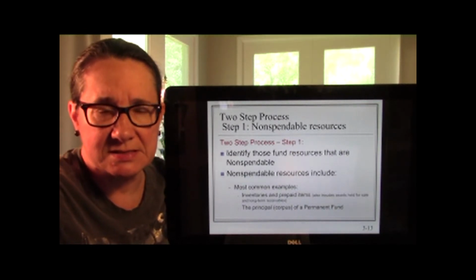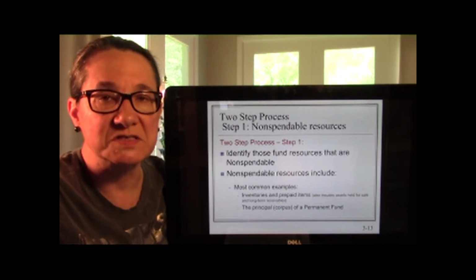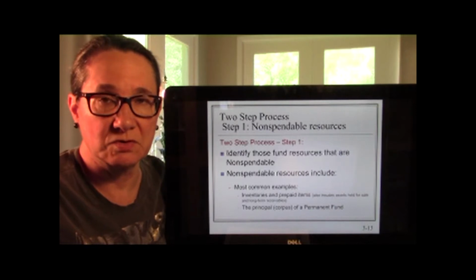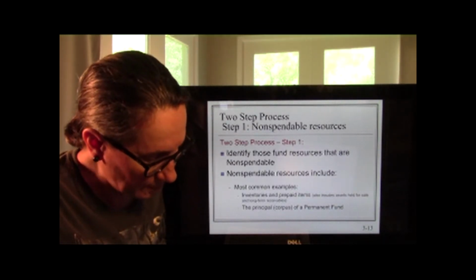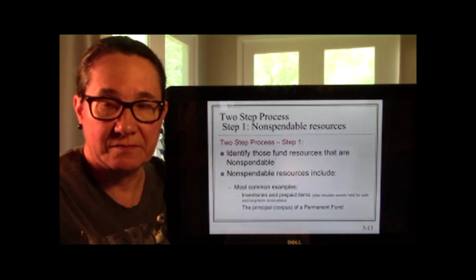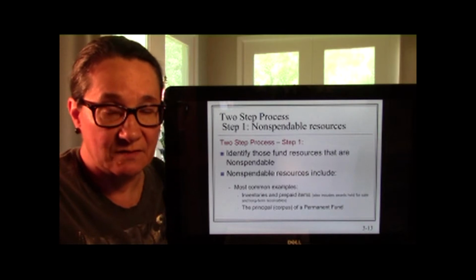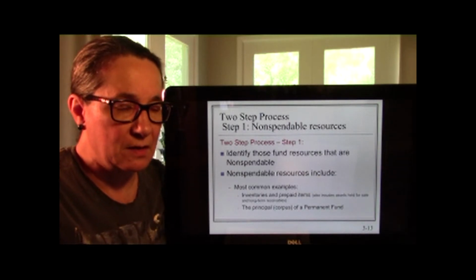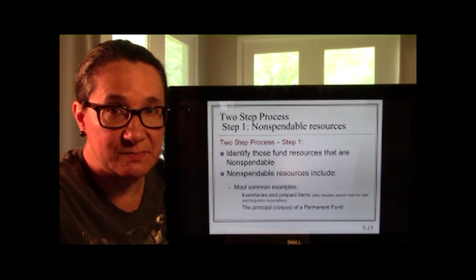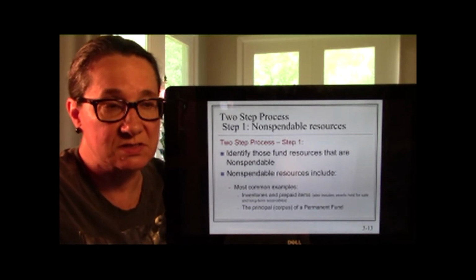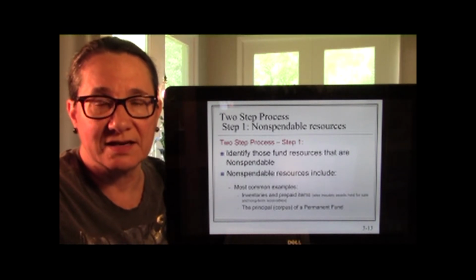You're going to have some things like office supplies, courtroom supplies, cleaning supplies, some stuff that you can't actually spend. Maybe some food, if you run a school lunch program, you might have some food inventory. You might have prepaid items, like prepaid rent on office spaces or prepaid insurance, and you can't spend that stuff. So those are non-spendable. It's something that doesn't become cash.